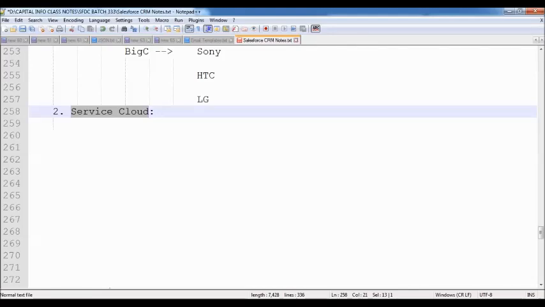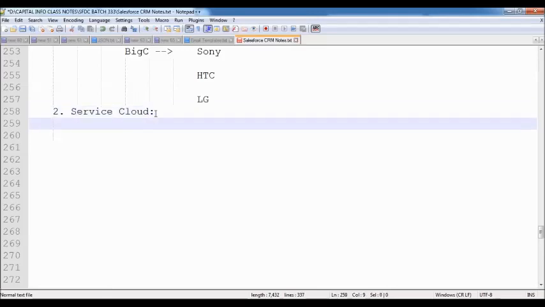Whenever we are giving the services, we also have to follow certain processes. Upon giving services to the customers, we have to follow certain processes. To automate all the processes which we follow during the services, we are using the Service Cloud features.